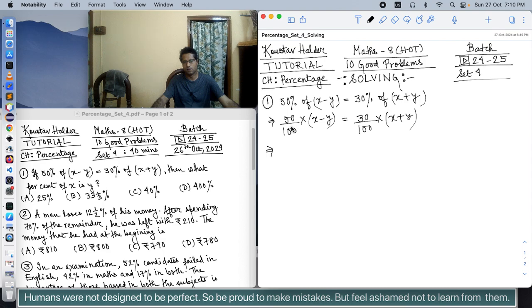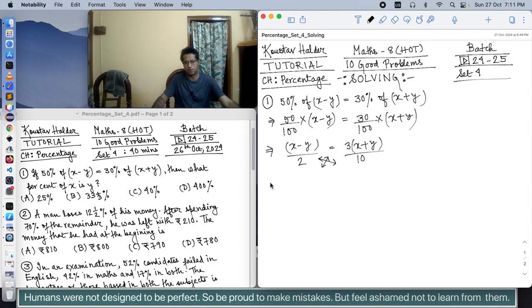If you simplify 50 by 100, it becomes 1 by 2, so we have x minus y divided by 2. On the right hand side we have 3 multiplied by x plus y divided by 10. Now you can use cross multiplication.